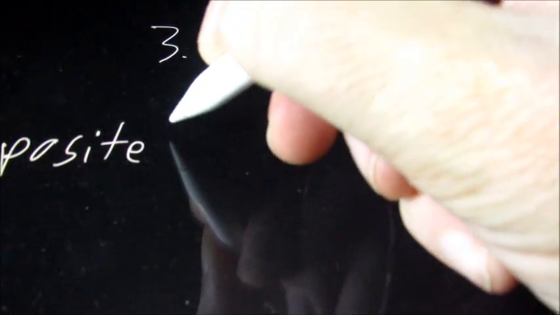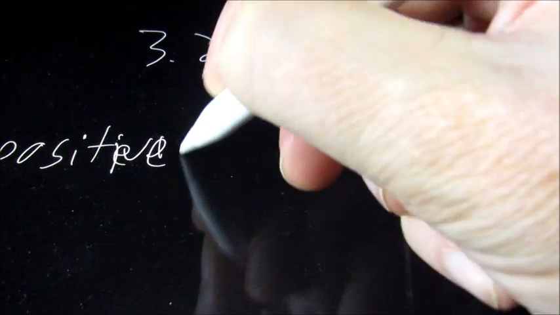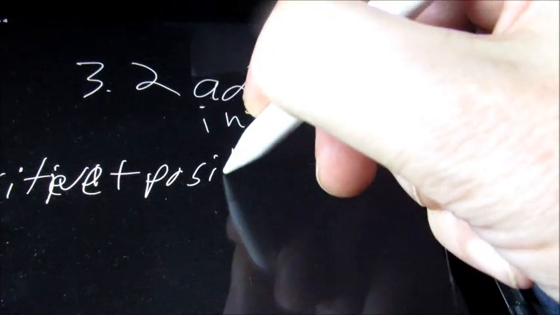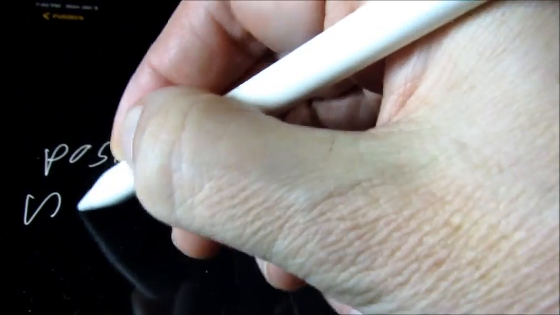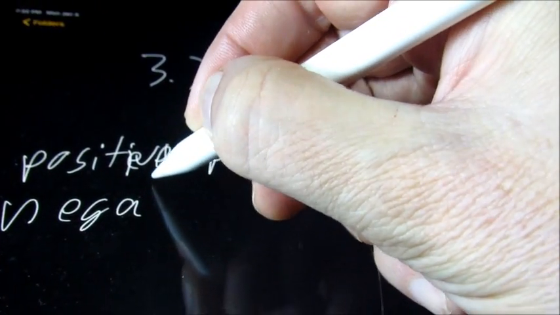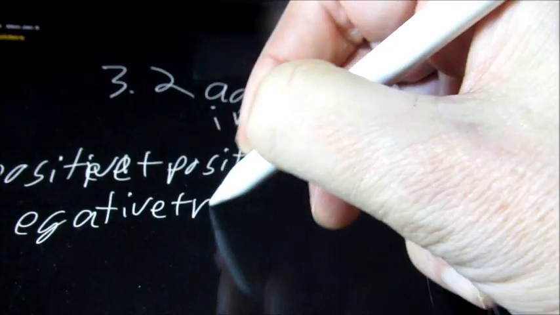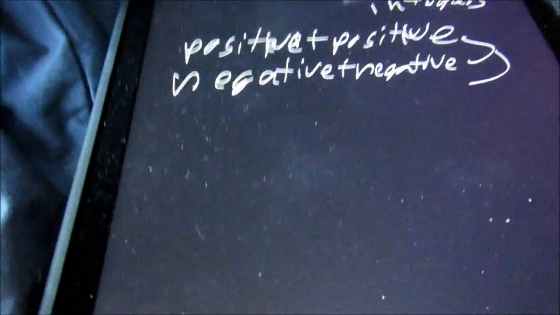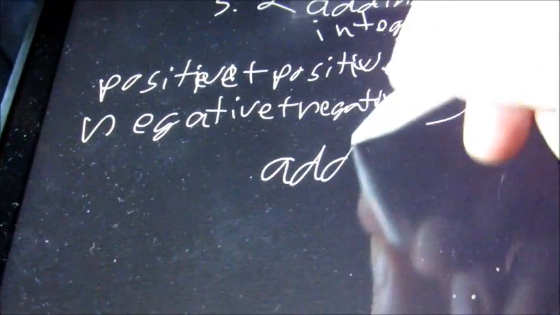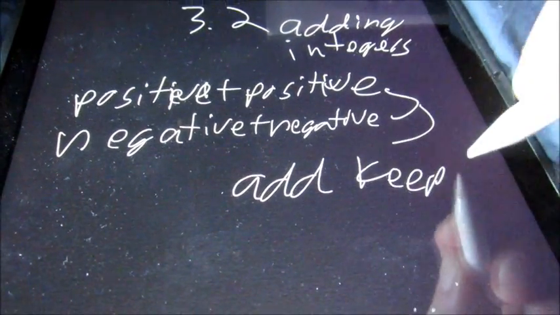If we're adding a positive plus positive, or a negative plus negative, one thing that you can do on these is just add the numbers and keep the sign.